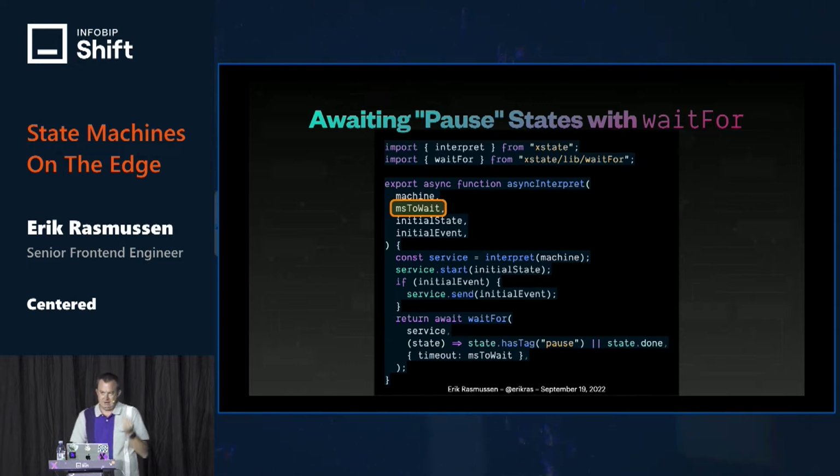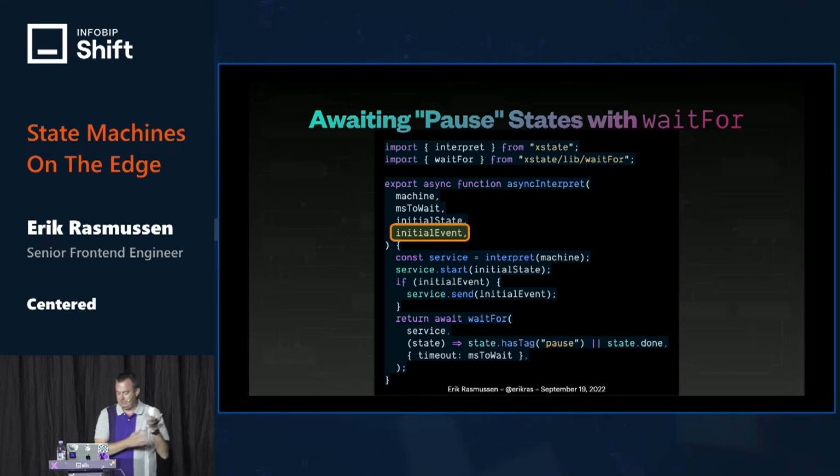Now, as an aside, when you're dealing with durations and stuff in JavaScript, I highly, highly recommend that you put the unit of time in the variable name, because sometimes you want to deal with seconds and sometimes with milliseconds or days or whatever. Just a pro tip. And then we give it the initial state that we're going to start with, and if we have an event to send initially, then we will send that.